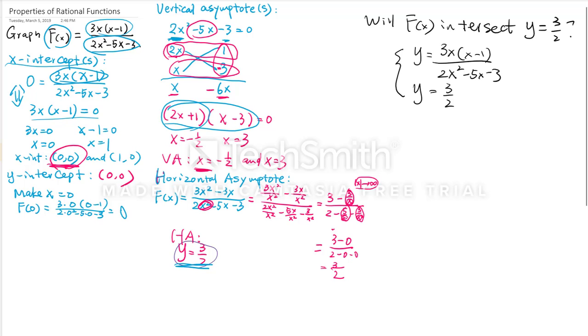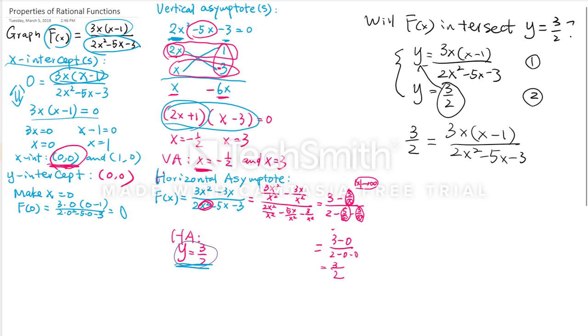Okay, so to solve this system of equations, let's mark it as equation 1 and equation 2. You want to replace the y in the first equation with 3 over 2. So you have 3 over 2 equals 3x times x minus 1 over 2x squared minus 5x minus 3.